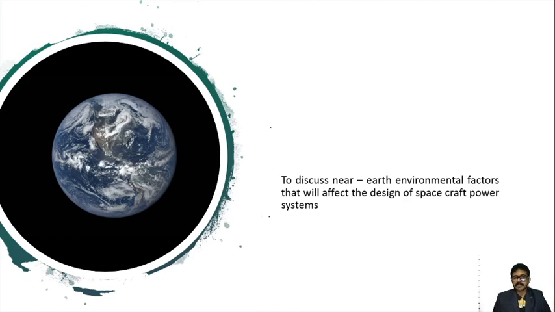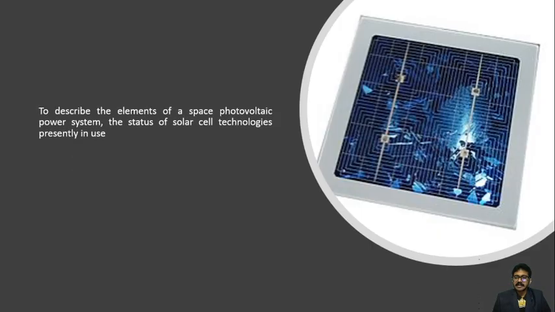and design the power system appropriately. Next one is to describe the elements of a space photovoltaic power system and the status of solar cell technologies presently in use. We know that solar cells have been in use abundantly for many years, but still, how effectively are they used in space? Because we know very well that there is the performance of a solar cell with respect to temperature, and as the temperature decreases its performance may increase.